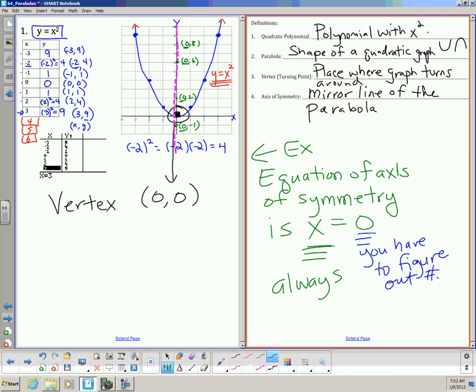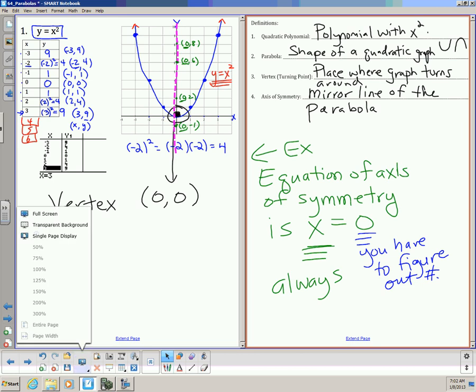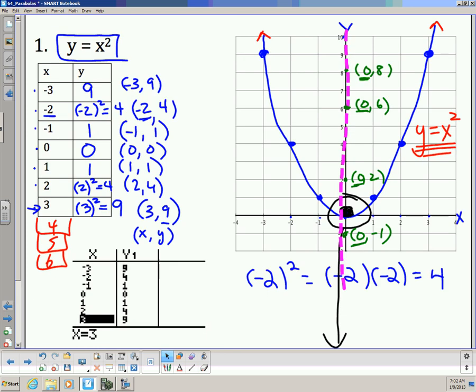Now, a couple of things. I'm not always going to tell you what x values to plug into the calculator. So notice something here for a minute. If I look at my table, there's a very strong pattern. At the top and the bottom, I have the same number. I have 9s. Okay? Then I have my 4s. Let me circle this instead of arrows.